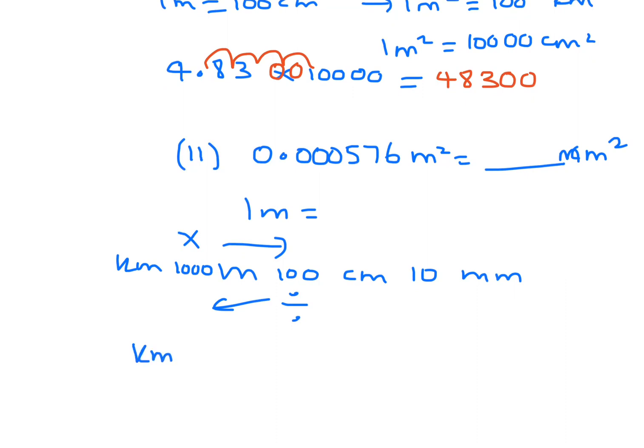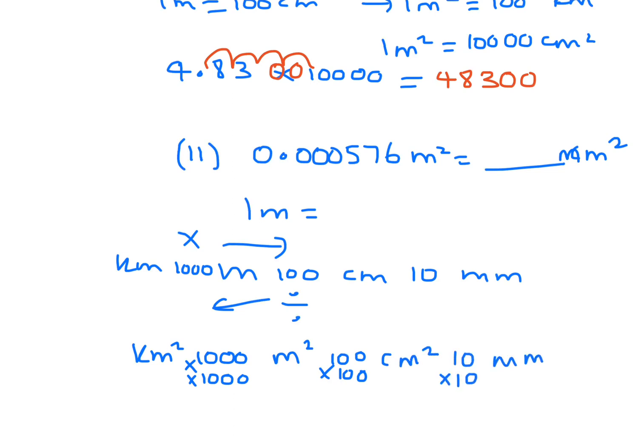So when you do square units, you just do it by twice the number of zeros. So you could just go times 1,000 times 1,000, or you could just do 1,000 squared. Metres squared, and this is 100 times 100 centimetres squared, and this is 10 by 10 millimetres squared. So that way you times, and backwards you divide.